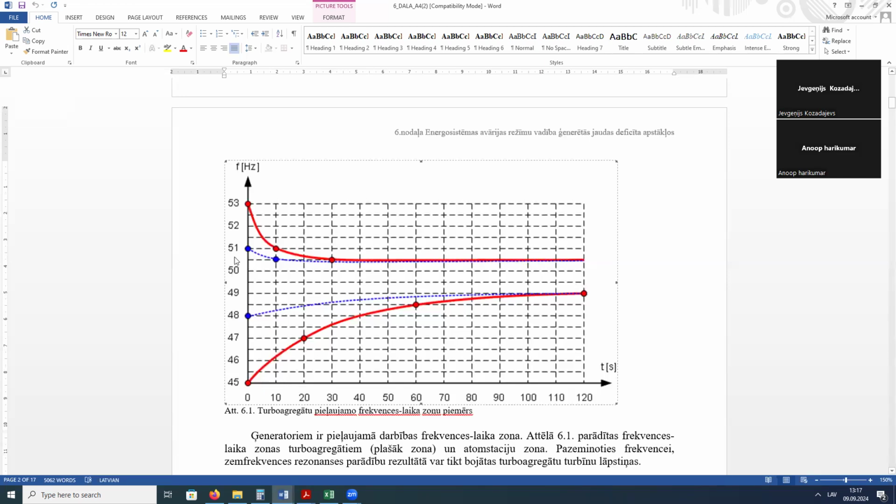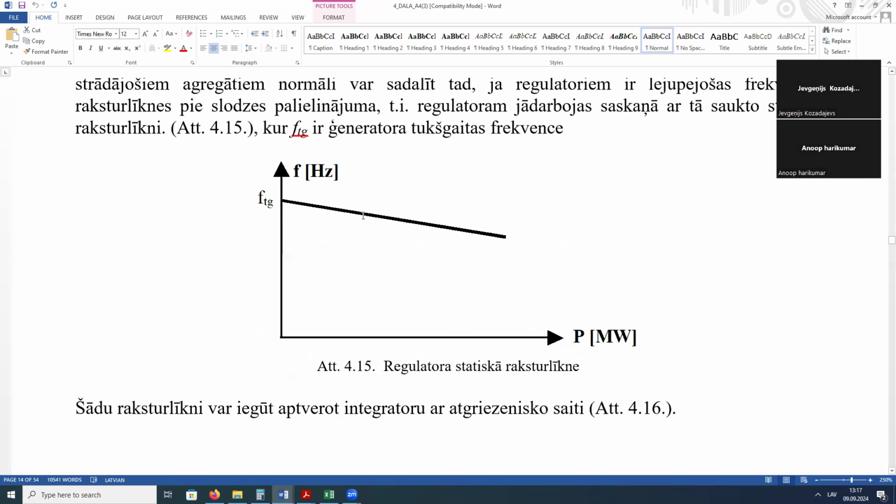So the normal regulation is around this nominal value of 50 hertz, and for the process around this value we could simplify this dependency, this curve, and use a straight line.